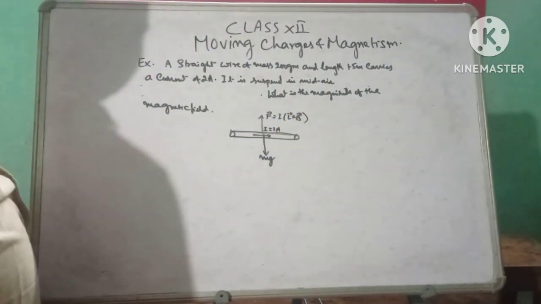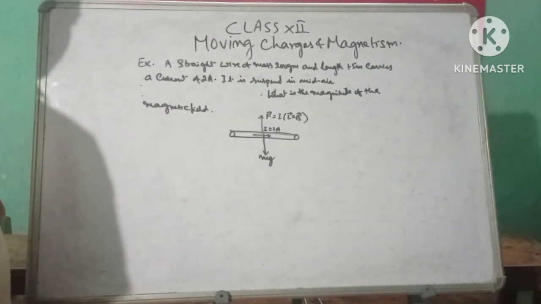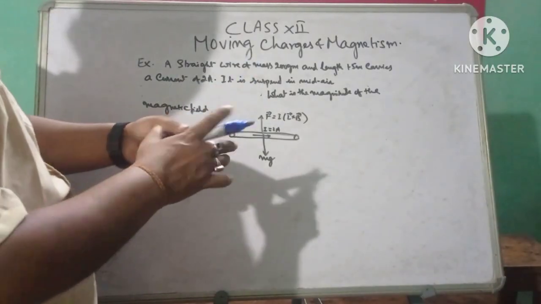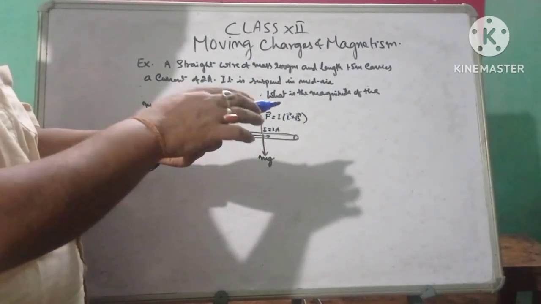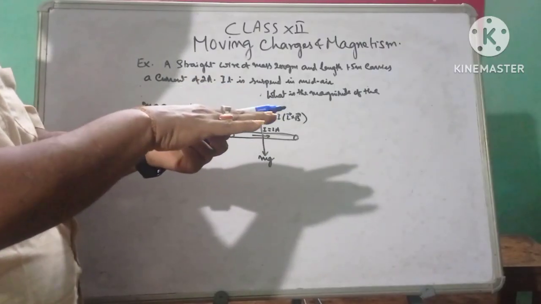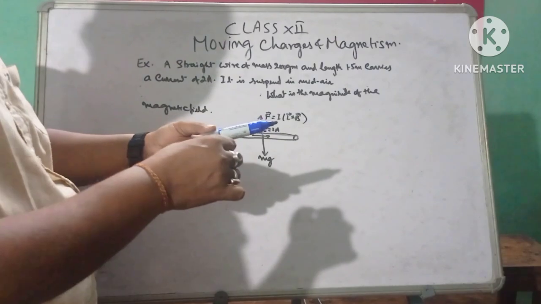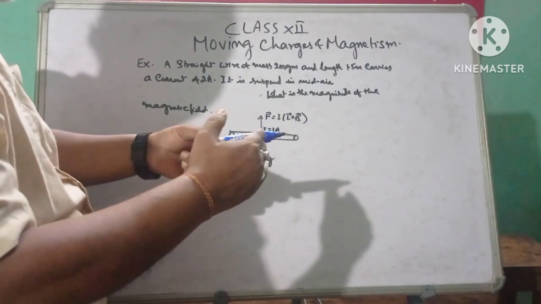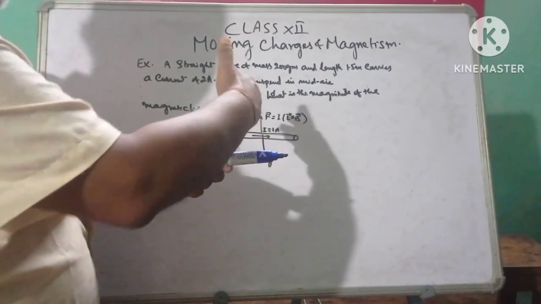Now here you see that for the force to be in the upward direction, this is your conductor, so your magnetic field must be like this, moving like this.